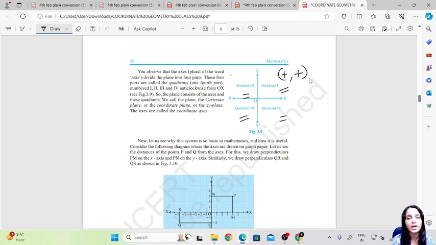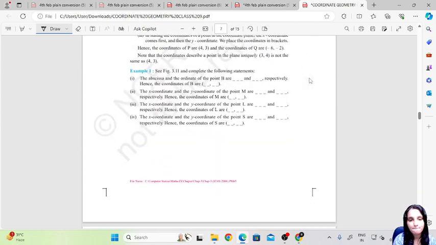Then here you have minus comma plus, like -2 comma 3 is there in this second quadrant. Third quadrant you have all the negative, because here x-axis is negative and y-axis also is negative, so negative comma negative, and here you have positive comma negative. So this you have to understand. You don't need to learn this by heart, whenever you imagine it, at that time only you get this.